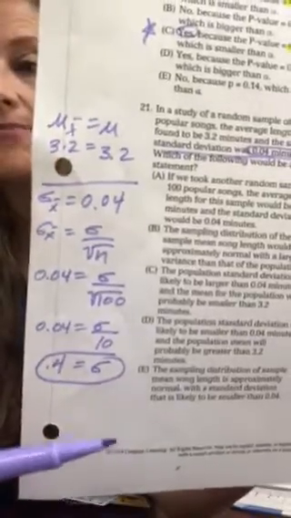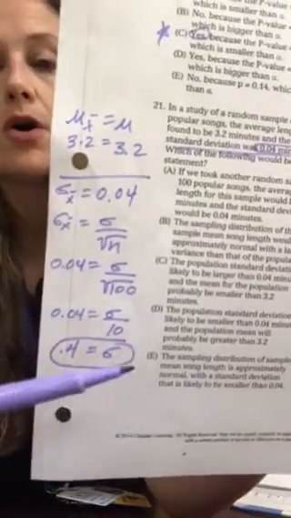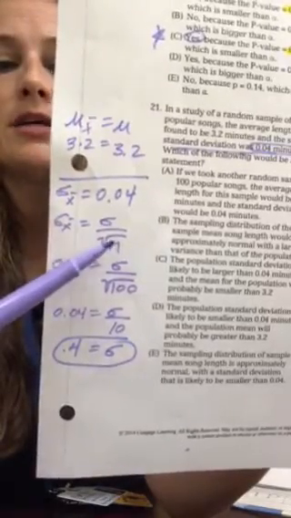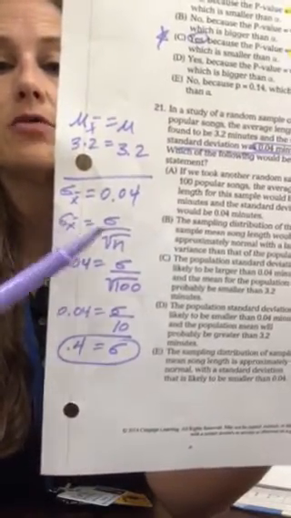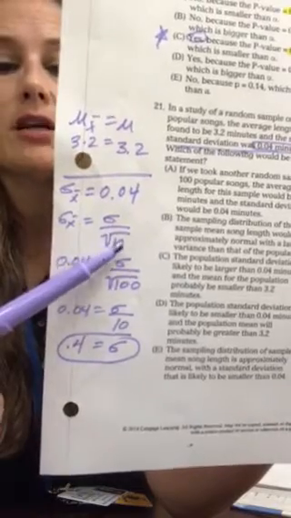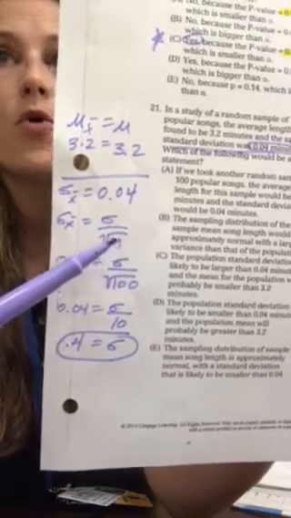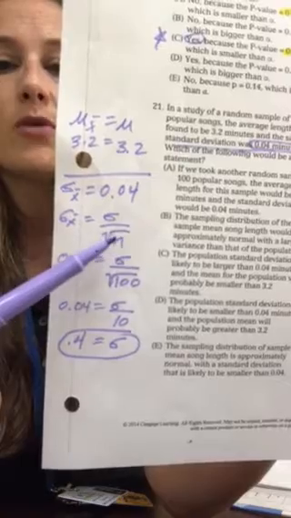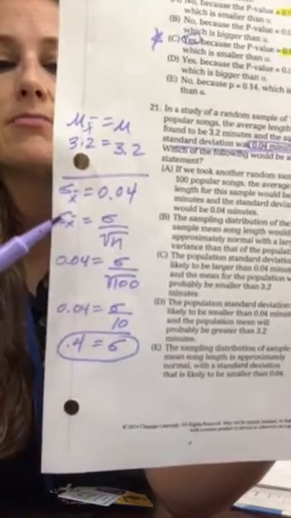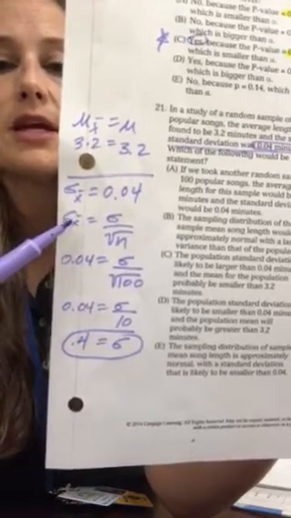Okay, so what I'm noticing here, and this happens every time, is that larger samples give smaller spreads. Because looking at this formula, the bigger this number is, the smaller this spread will go. So the bigger this number is, like let's say that would be 400, the square root of that would be 20, so that would be an even smaller sample standard deviation. So I'm going to write that.